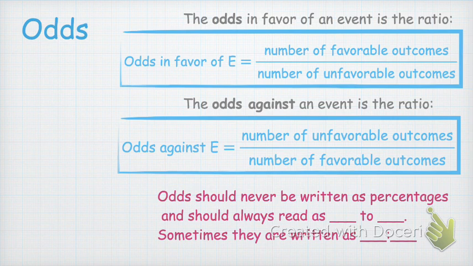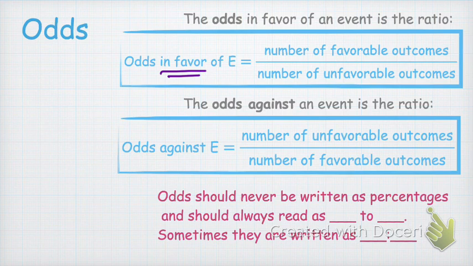When you're looking at odds, you're usually looking at the ratio between favorable and unfavorable. When you write it in that order, that's called the odds in favor. You can also talk about the odds against something happening. It's the same numbers, it's just flipped. You put the number of ways of not getting what you want over the number of ways of getting what you want.